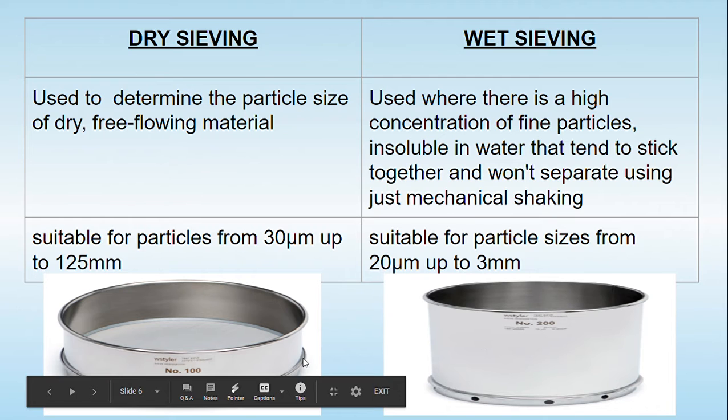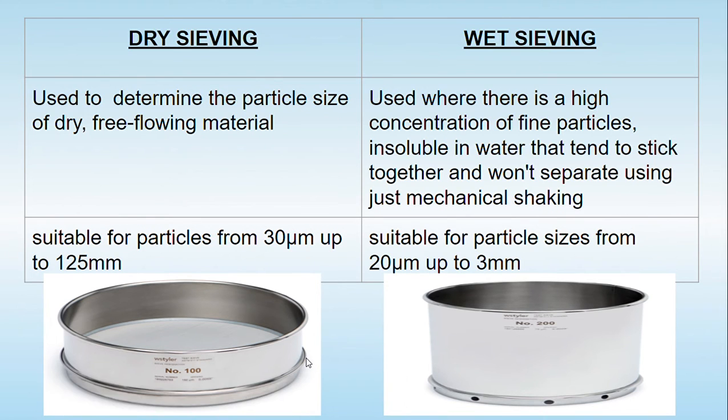You can see that the wire mesh remains almost the same, but only the metal frame, its size or width, is increased in the case of wet sieving.